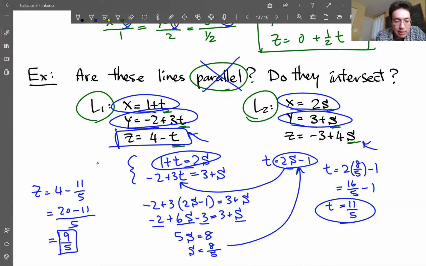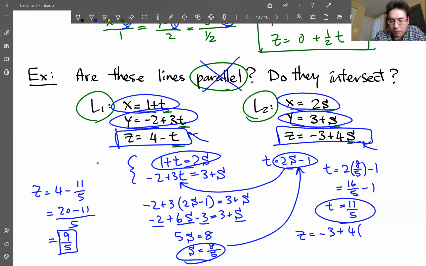Now let's plug 8/5 into the z coordinate of the second line.